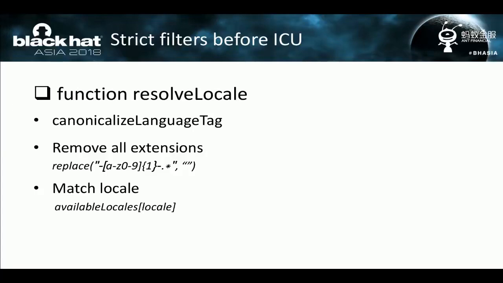This array is initialized at the start and never changed. If we input an invalid locale, this check cannot pass, and it will return false. And last, we check the Unicode extension with this regular expression.